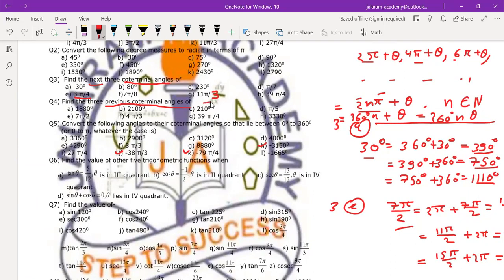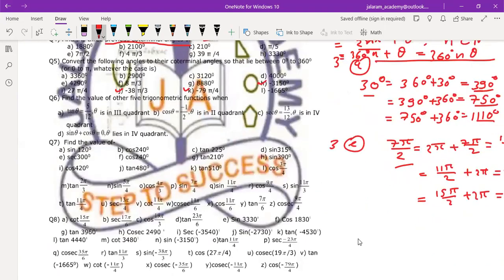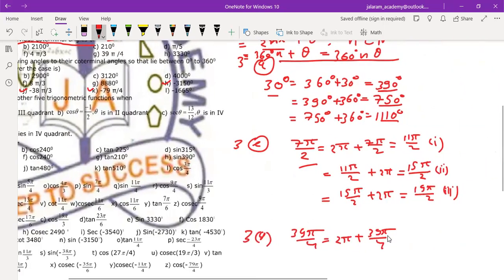Similarly, in question number 3g, if you have to find the next coterminal angles, 3g is 39 pi by 4. First you add 2 pi: 2 fours are 8, plus 39, 47 pi by 4.